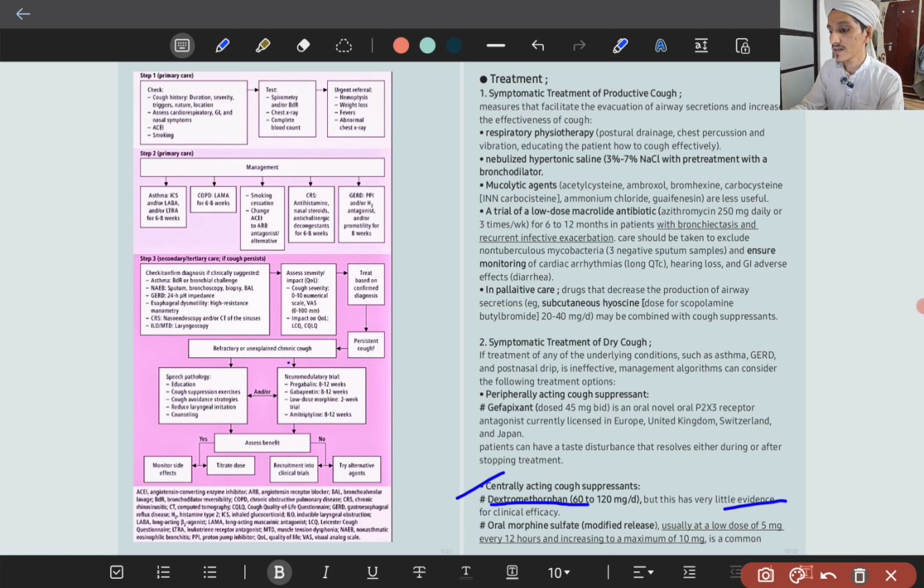You can use this for cough, but it is not that efficacious. Most commonly used is dextromethorphan along with some antihistaminic. Second one is oral morphine sulfate. This is used in tertiary centers, not given in primary and secondary centers.